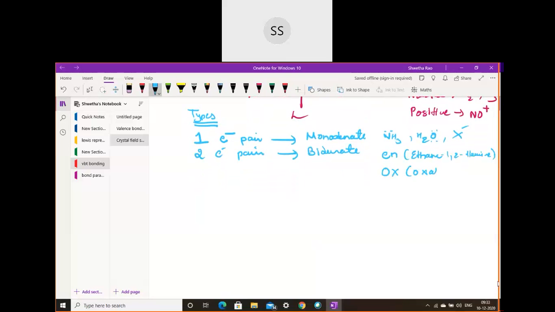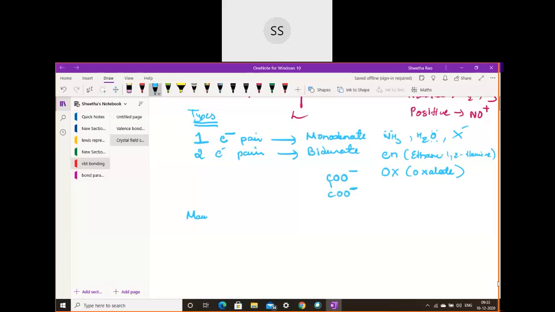Can you all tell me what are the examples I have given you for bidentate ligands? Yes, very good. En is one example. One more was there, no? Oxalate. Yes, very good. So en, that is ethane-1,2-diamine, is an abbreviation which we use.